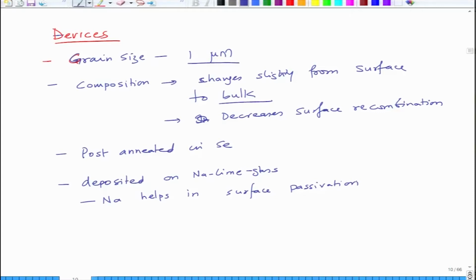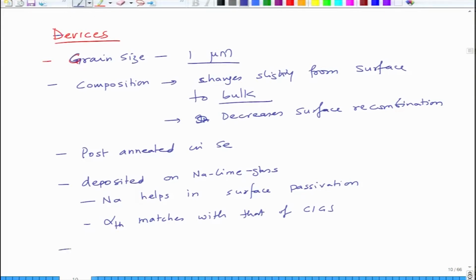So it controls the surface passivation by controlling the dangling bond density, and it also controls the cell selenium vacancies. And so soda lime glasses are useful in these devices. Also, its coefficient of thermal expansion, alpha thermal, matches that of CIGS. So thermal stresses in the devices are lower and you have less cracking in the thin films.